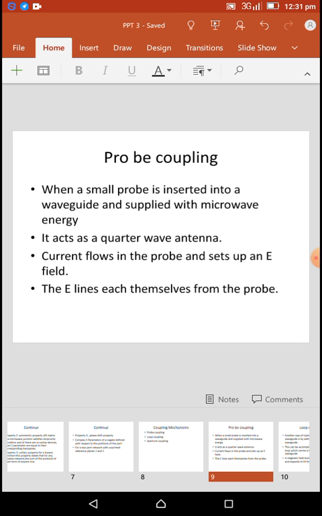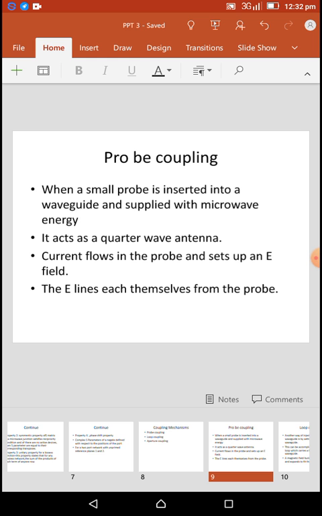Coming to the first one, probe coupling. When a small probe is inserted into a waveguide and supplied with microwave energy, it acts as a quarter wave antenna, and the current flow in the probe sets up an E field, that is, an electromagnetic or electric field.